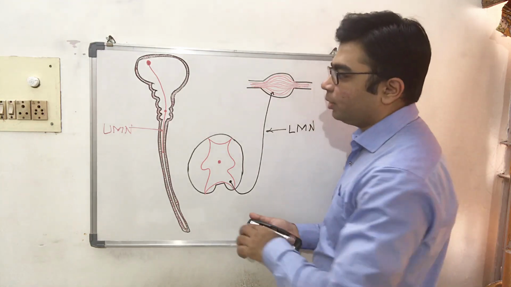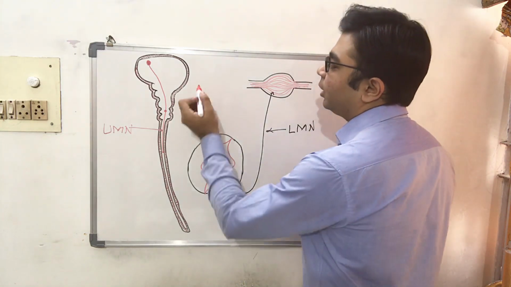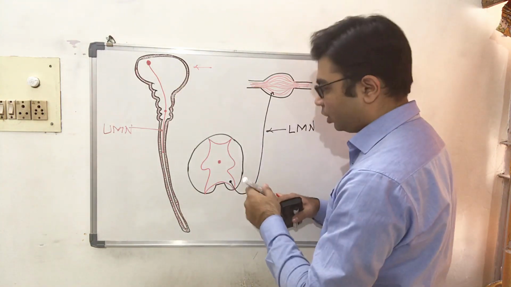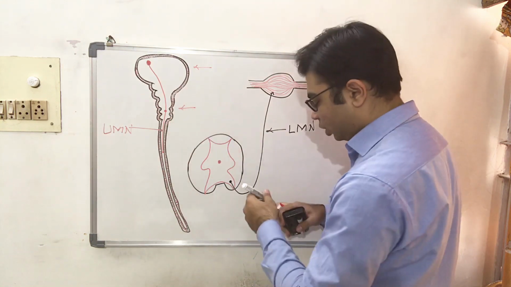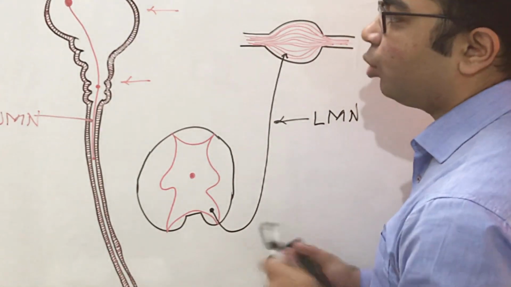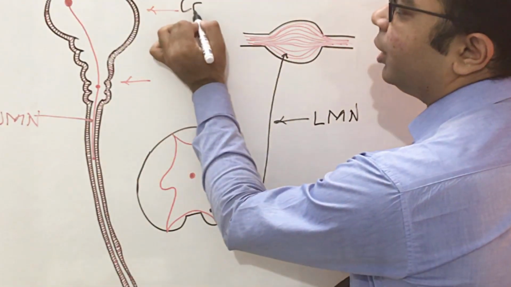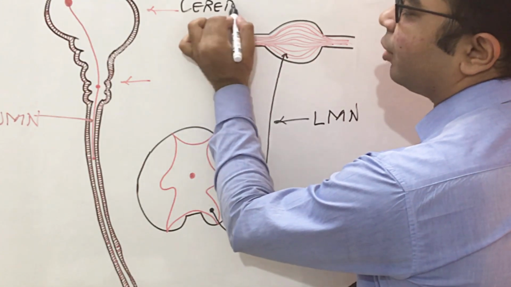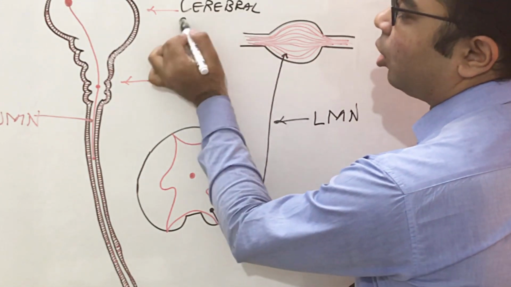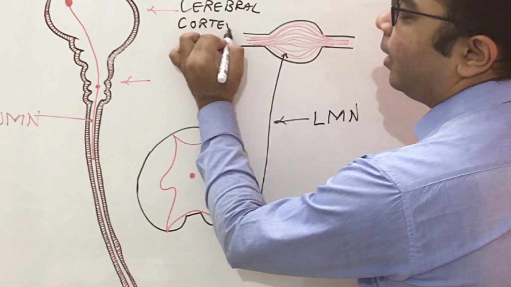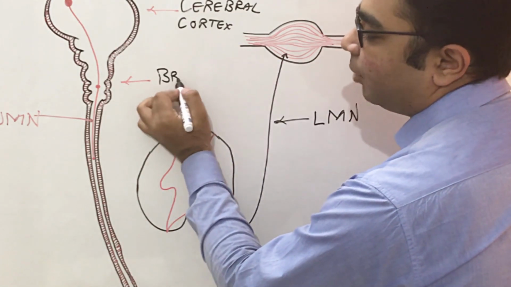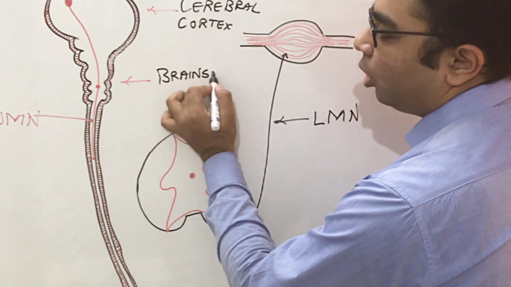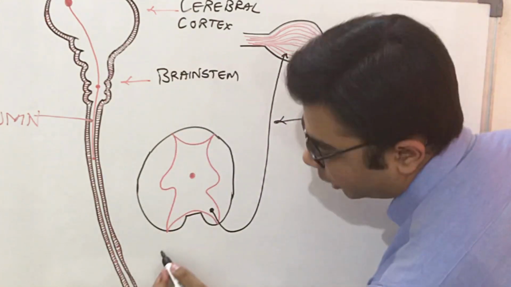Right, so that was a very simple concept: one neuron arises from the cerebral cortex and descends downwards. Let me write it over here: the origin is from the cerebral cortex, descending downward up to the level of the brainstem or spinal cord.